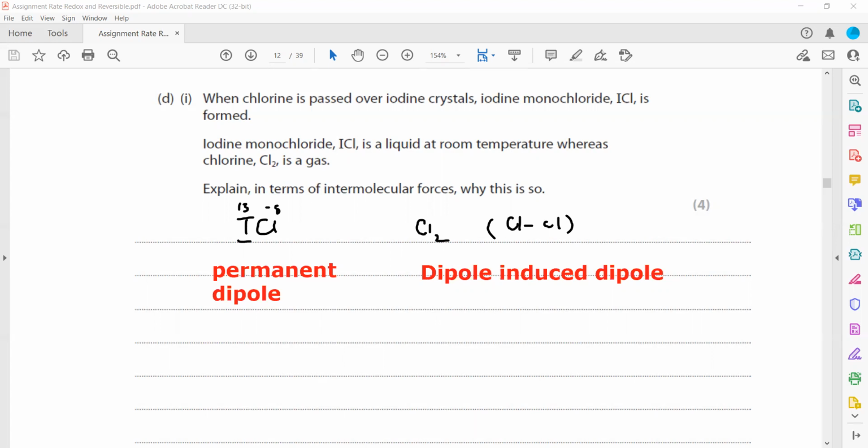And why in ICl is the intermolecular force stronger? Because in ICl there is another molecule, with positive and negative poles, so there will be attraction between the poles. So you can mention the force between the ICl molecules will be stronger. You can also mention that ICl will have permanent dipole and dipole-induced dipole.